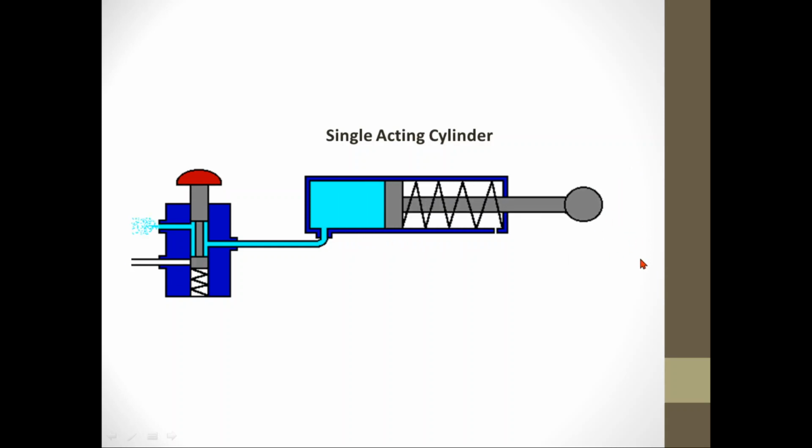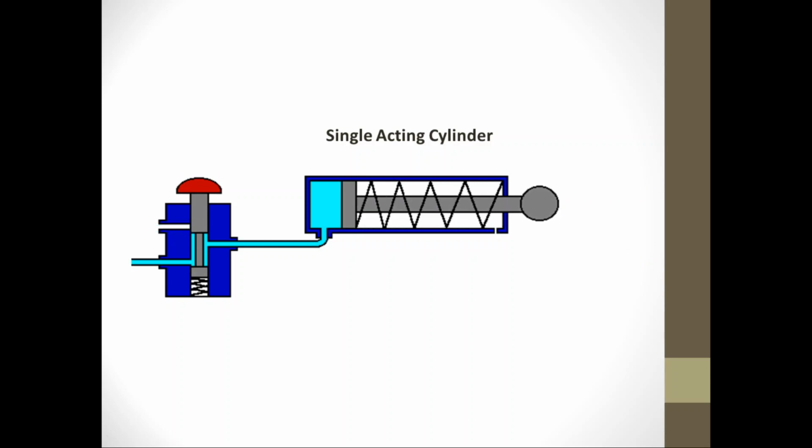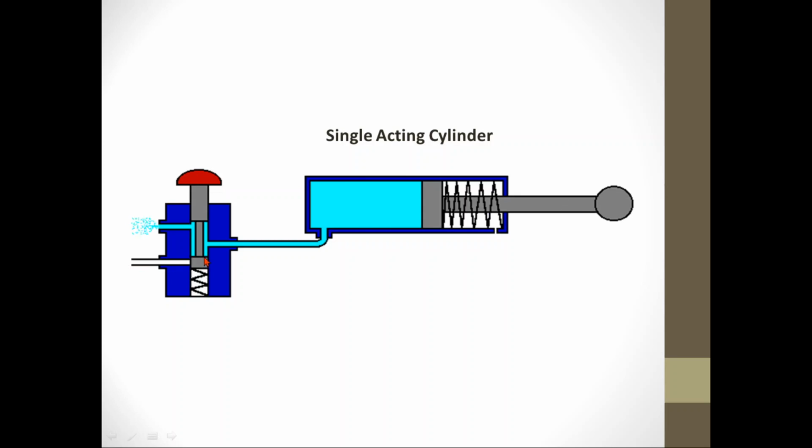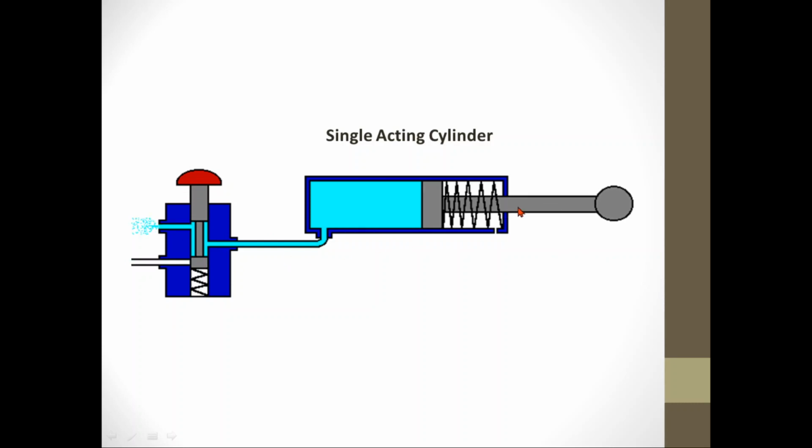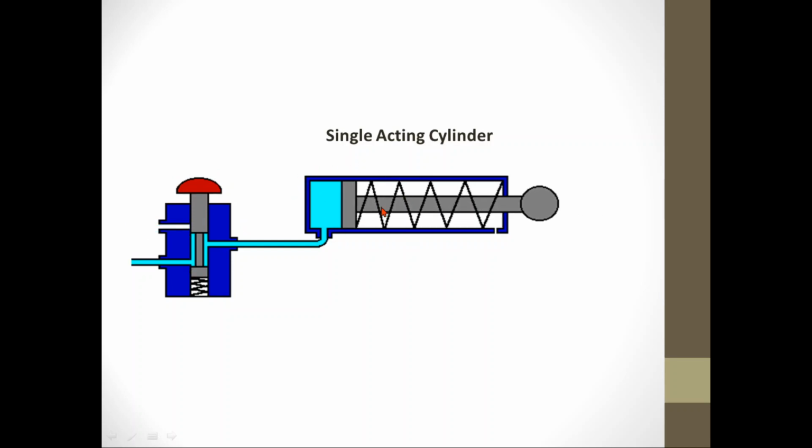if you want the single acting cylinder to remain in the extended position, then take note, the flow of air from the compressed source to the cylinder must be maintained. If you cut off the flow of air, the spring will tend to push the remaining air in this part of the cylinder going to the exhaust.